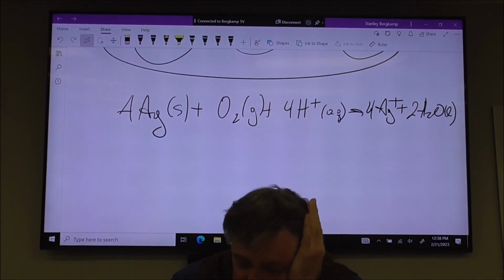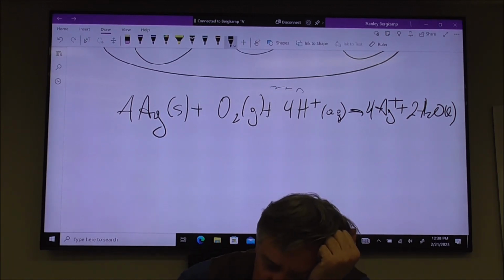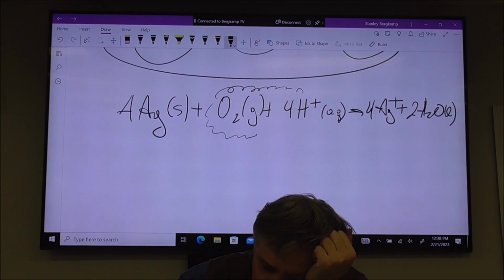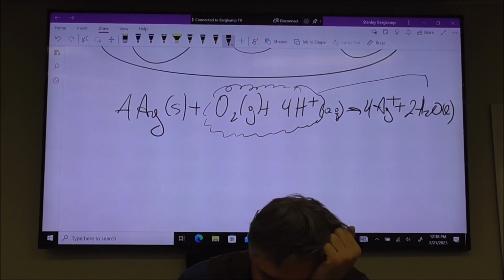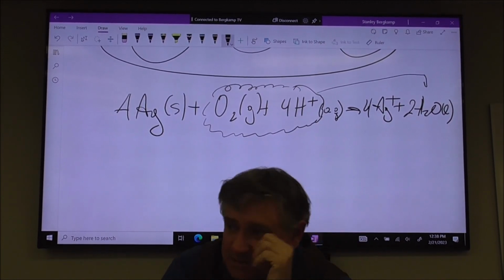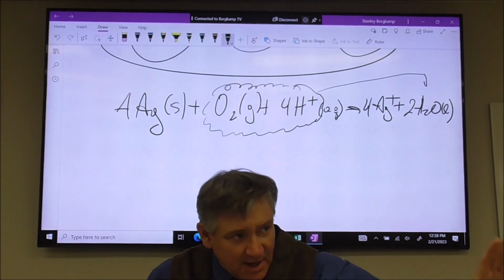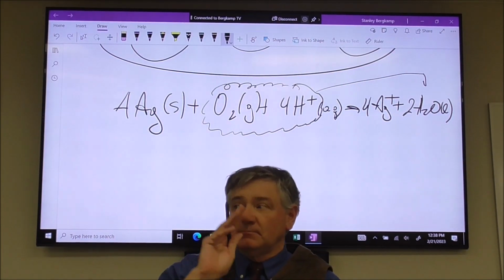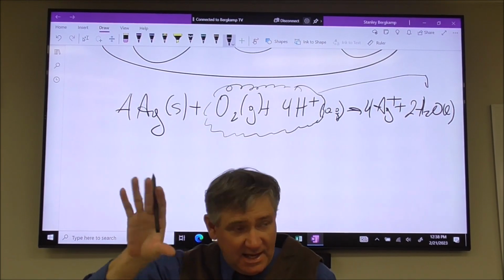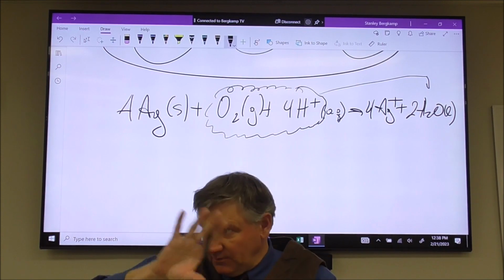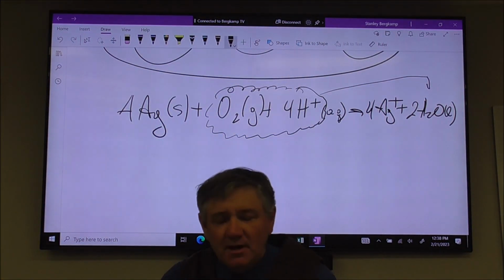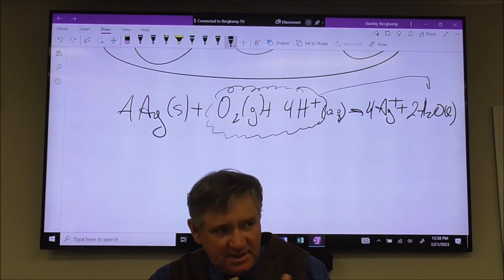So here's the story. This is a little bit tricky, mainly because you're looking at this reaction of oxygen and hydronium producing water. On that reduction chart that I gave you, the big one that has all of the anions and polyatomic ions on it, this reduction is a separate thing.